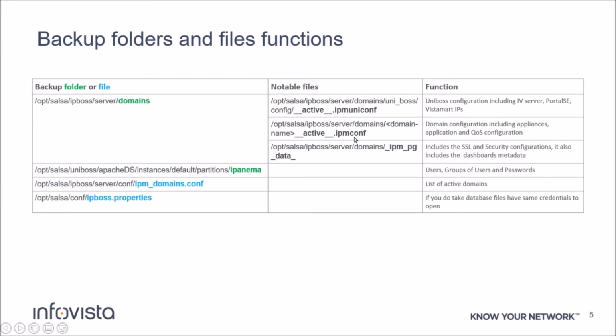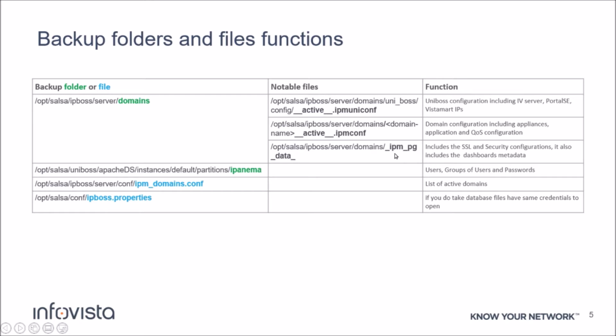This other file, active IP mconf, has all the configurations related to appliances, applications, subnets, application groups, and quality of service profiles for each of the domains present in the server. If you have a multi-tenant license, you can have different domains, and so you will have n of this kind of file.